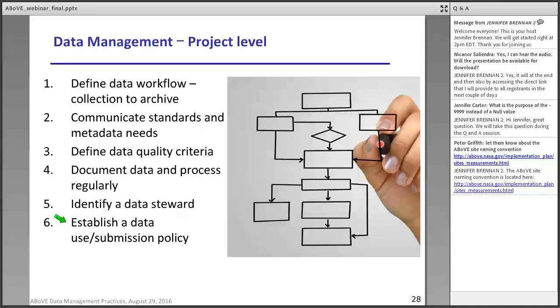Allison already mentioned the data use and the submission policy. So at the project level, you may think internally about when data has to be made available. Sometimes it may be obvious within the team as to when the data is going to be made available, but having it documented and discussed within the planning phases of the project would be helpful.